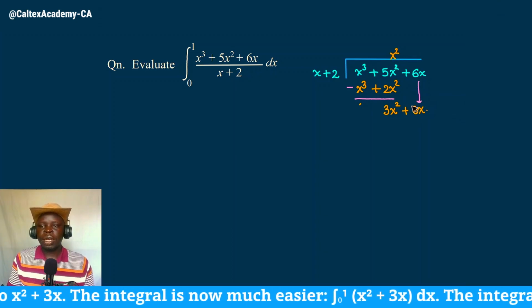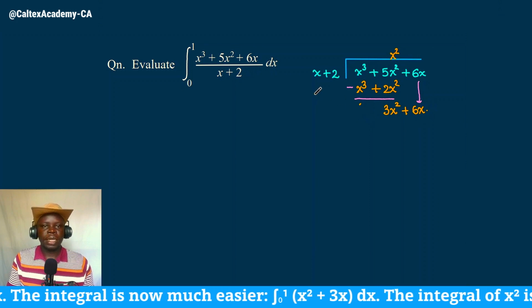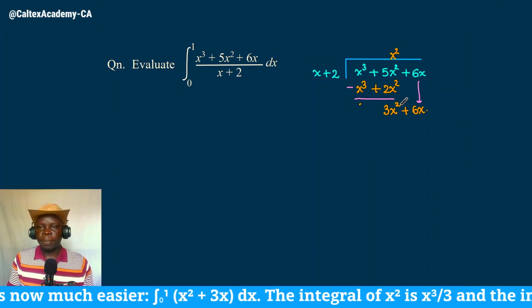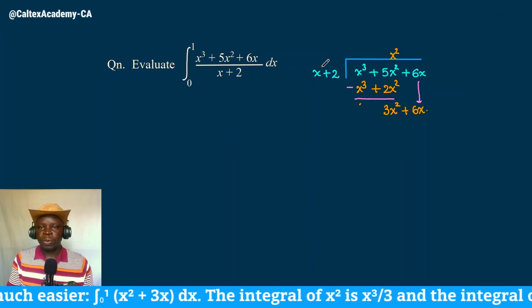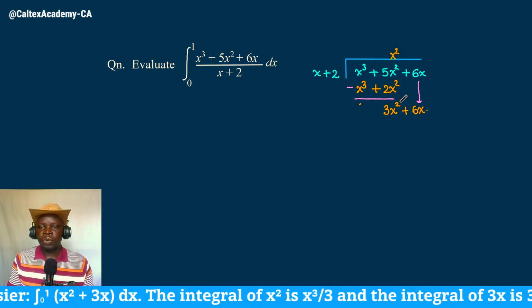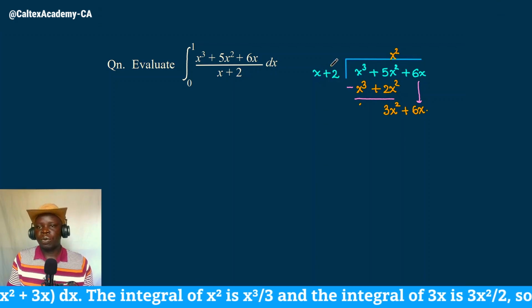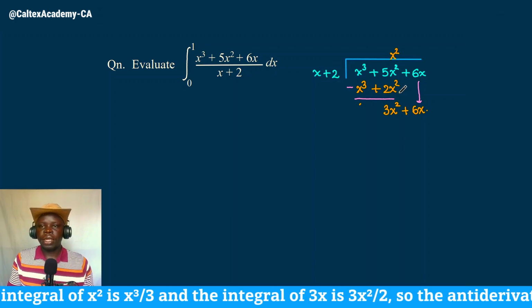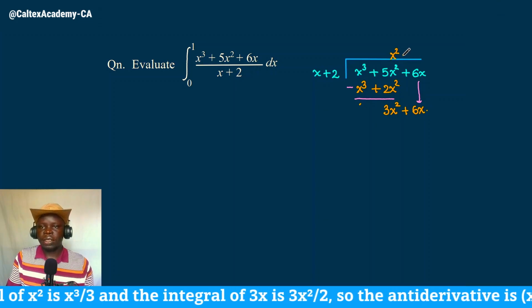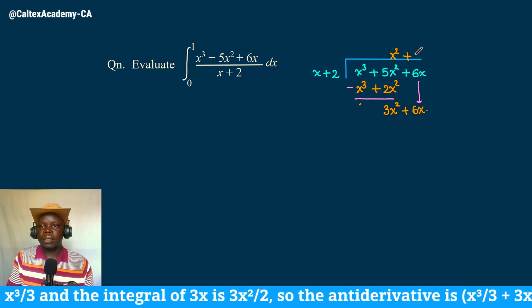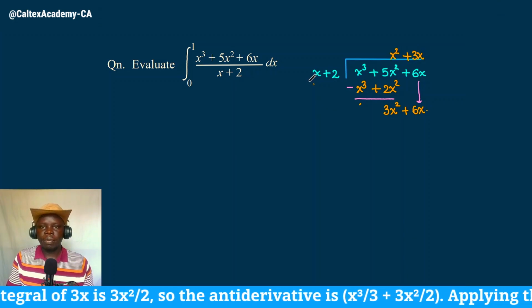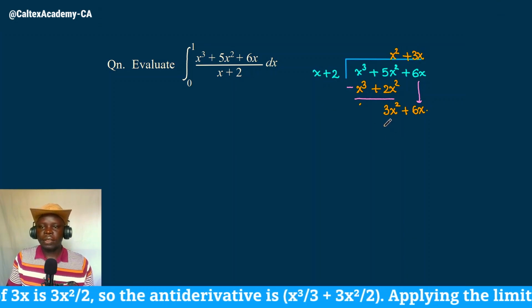We carry on with the same technique, looking at the highest power, x squared. We already have x to the power 1 here, so to get x squared we need another x to the power 1. But since we have 3 here, we also need 3 attached to that x. So we say plus 3x, so that if I multiply 3x by x, I get 3x squared.